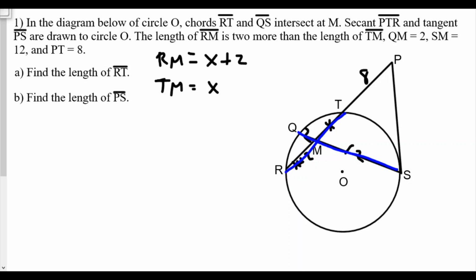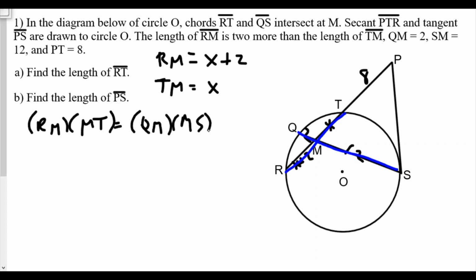So the formula we would use is RM times MT equals QM times MS, or SM. And so here we have RM is x plus 2, MT or TM is x, QM is 2, and MS is 12.